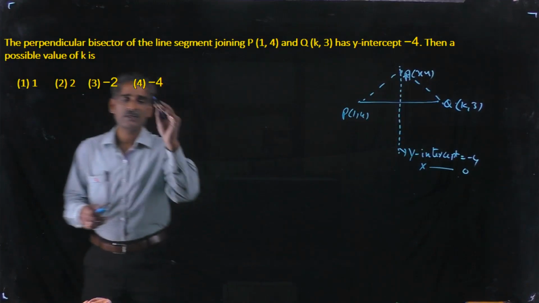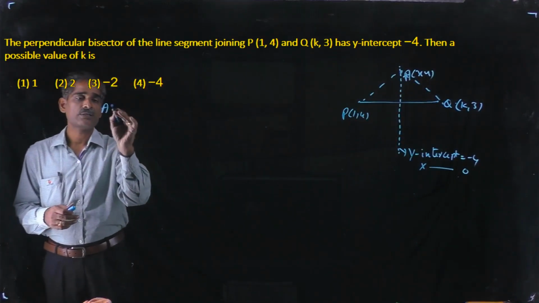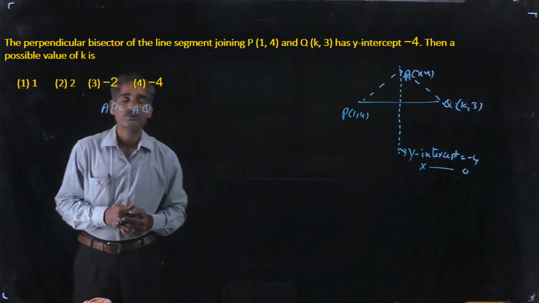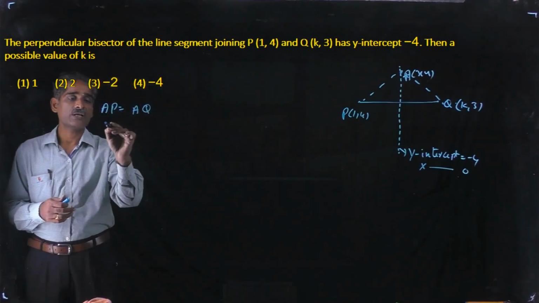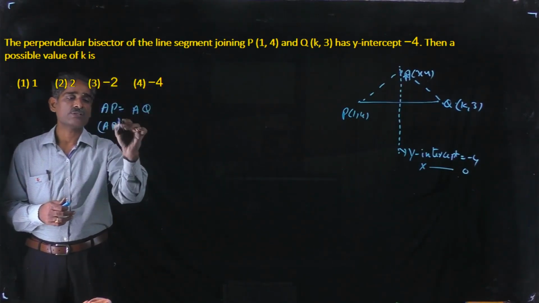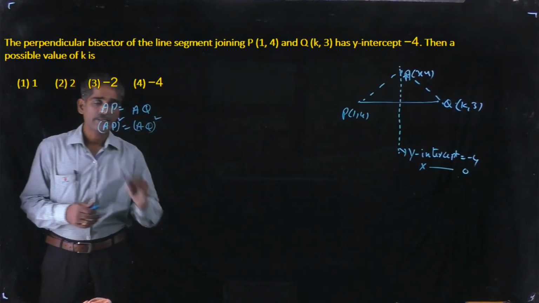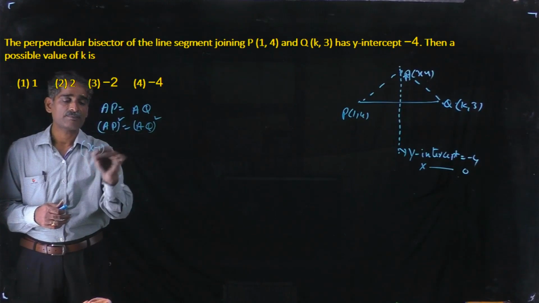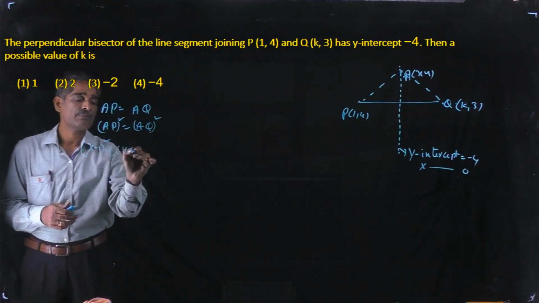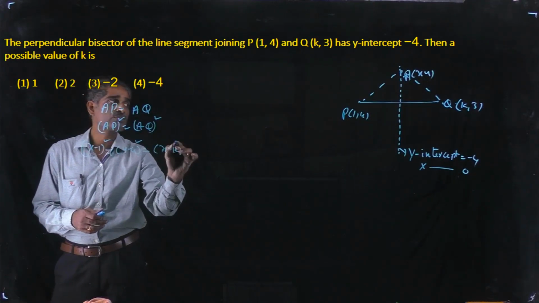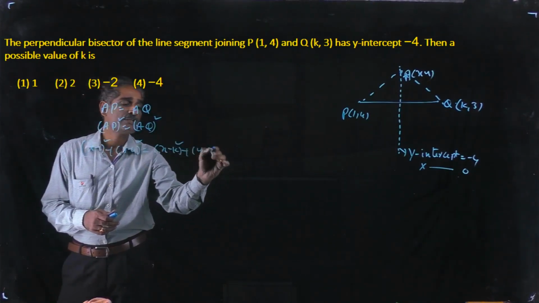That means AP is equal to AQ. The lengths are equal. Squaring on both sides, AP² is equal to AQ². Now write the distances: (x − 1)² + (y − 4)² is equal to (x − k)² + (y − 3)².